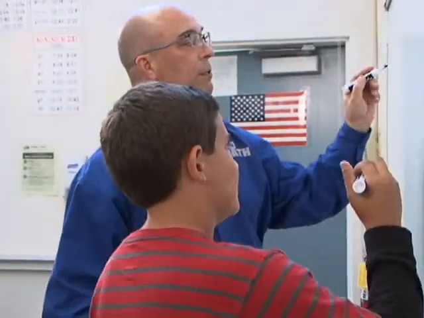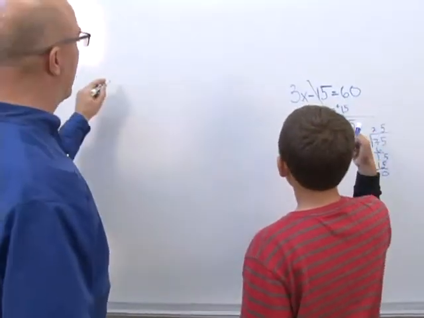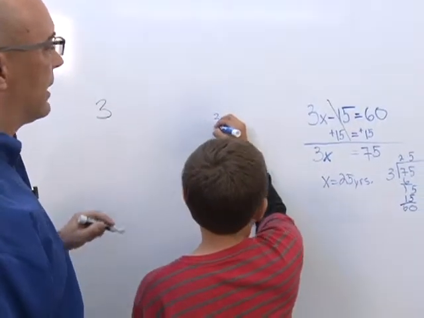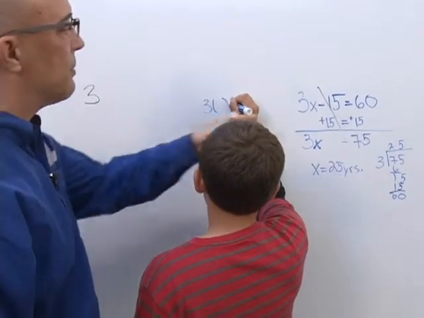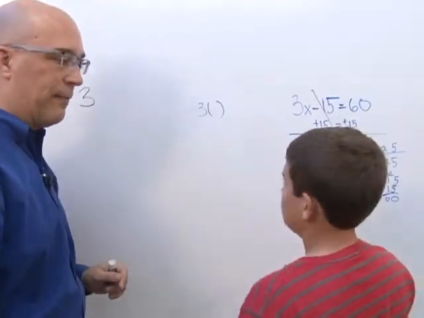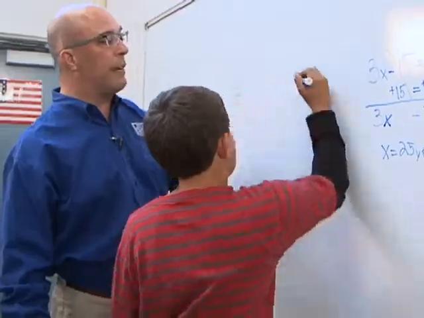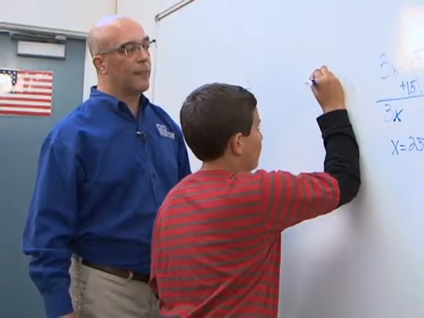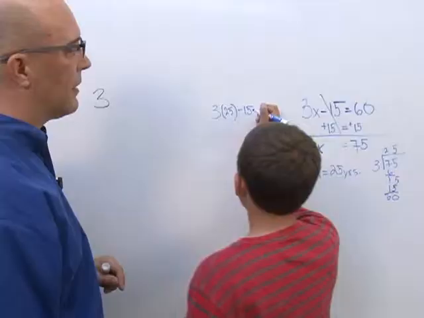There you go. So let's rewrite that equation. So we have 3, and then open parentheses. What is x? What's the value for x? It's 25. So put 25 in there. Now write the rest of the equation. Minus 15 equals.